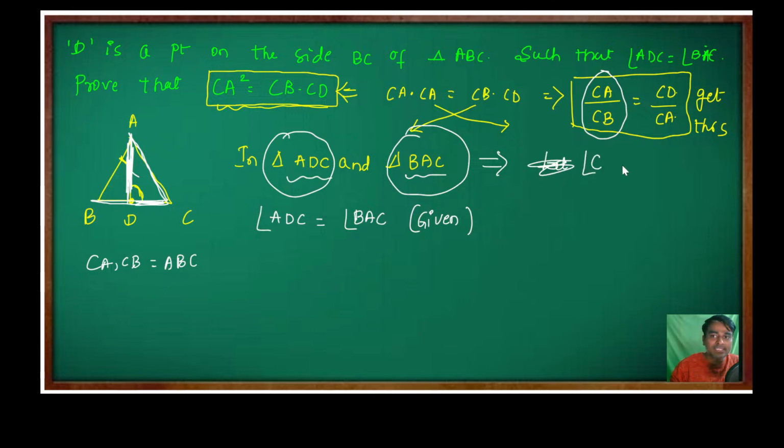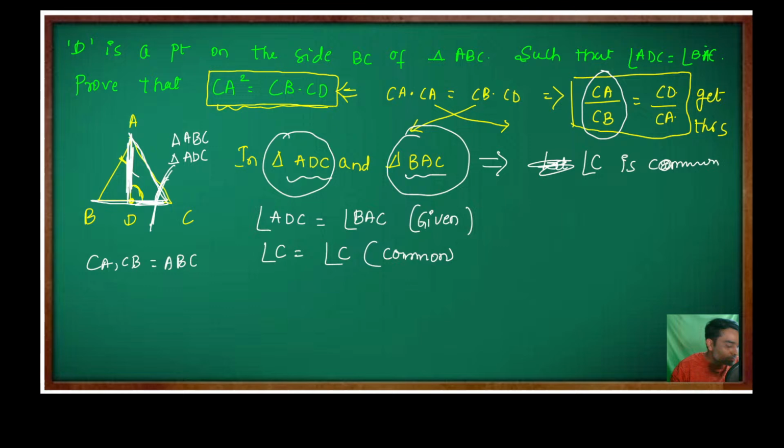That is angle C is common here. This angle C belongs to triangle ABC also, and it belongs to triangle ADC also. That means I can write angle C equal to angle C, common.